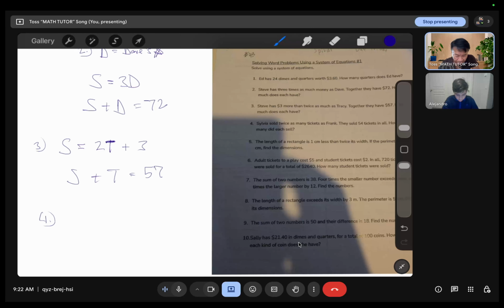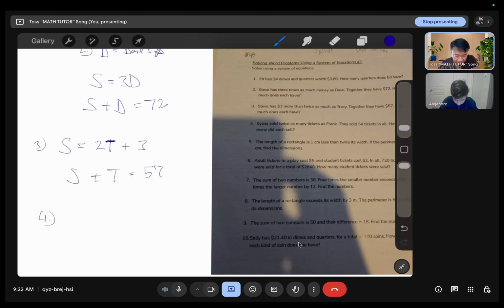What about 4? S for Silva and F for Frank. Okay, how would you do it? Silva sold, that's like is, twice as many tickets as Frank. So it will be the number of tickets. That's what we're solving for. So what do you think?